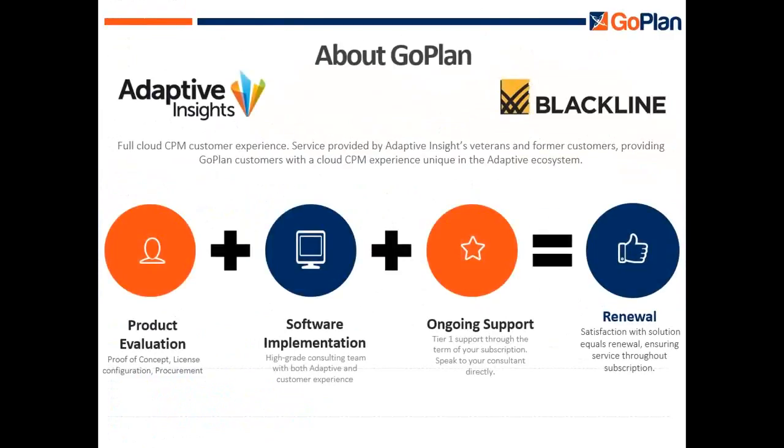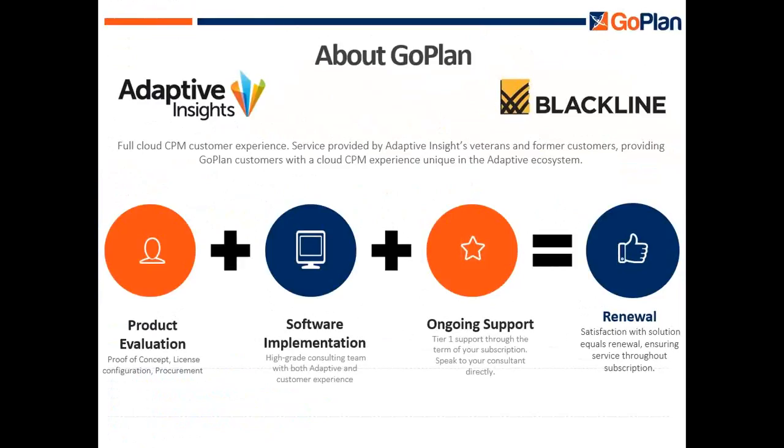All right, so just to start, and I jumped ahead a little bit on this, GoPlan, like I said before, is a solution provider for Adaptive Insights and Blackline. We take our clients through the initial evaluation of the product, through the implementation, and we also provide all of the ongoing support.